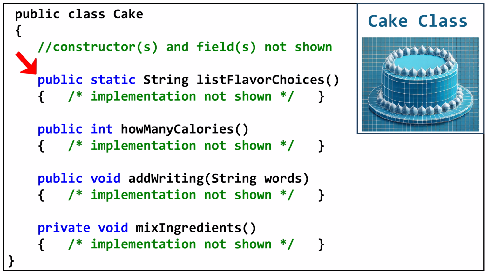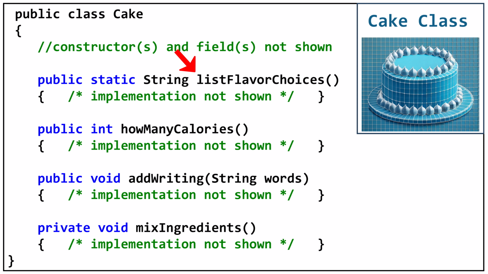Public is an access modifier. This means we can call the method from either inside the cake class or from another class. Compare that to the private access modifier, meaning the other method can only be called from inside the cake class. Next, the static keyword tells us this behavior belongs to the class itself.